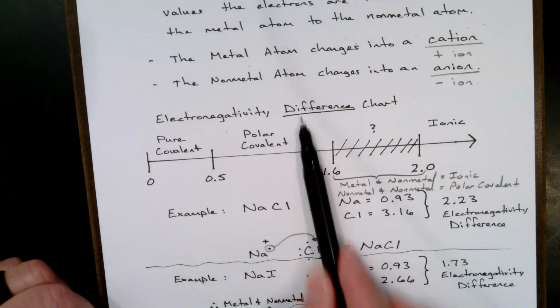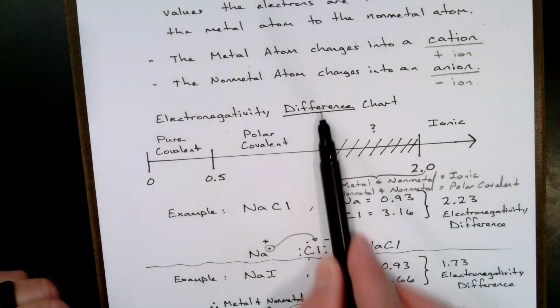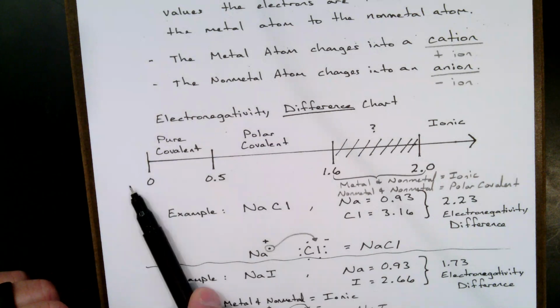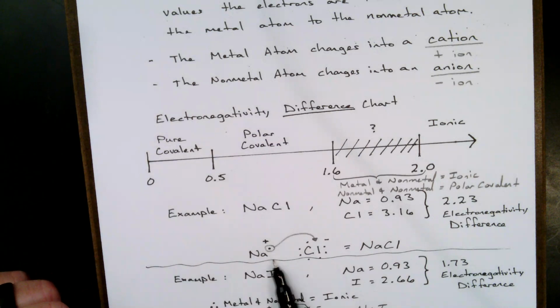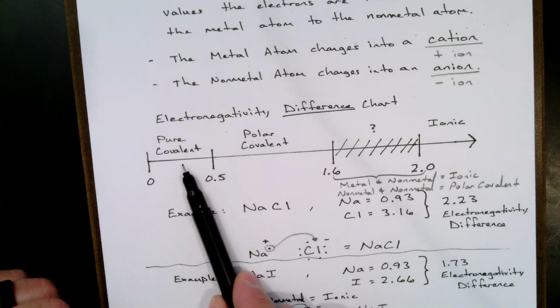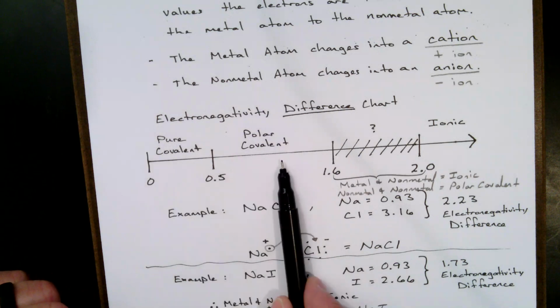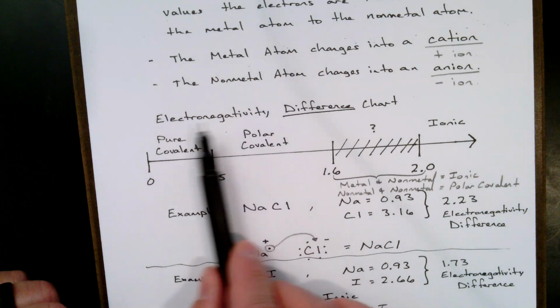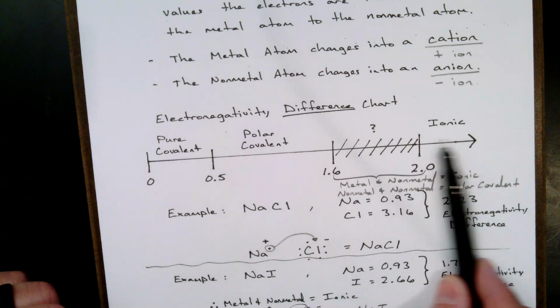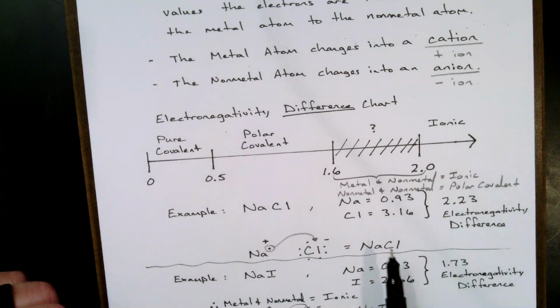What we will find in subsequent units is down here, the electronegativity values are so close together, neither one of the atoms is strong enough to take the other atom's electrons away, so they share electrons. In this area, they share electrons, but right now we're dealing with ionic, where their electronegativity is so different.